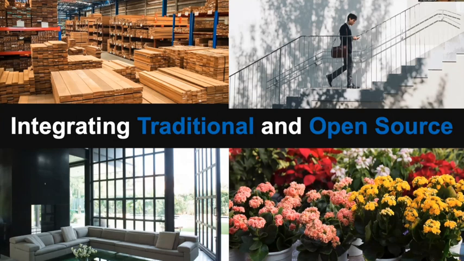Somebody ordering might have seen the picture and changed their mind a bit, adjusted it, been able to spin the chair around at all different angles again, and then they get a picture of what it's going to look like in their home. These are just a couple of examples of incredible innovation from customers about integrating traditional applications that are running their business and extending the value by doing things through open source.